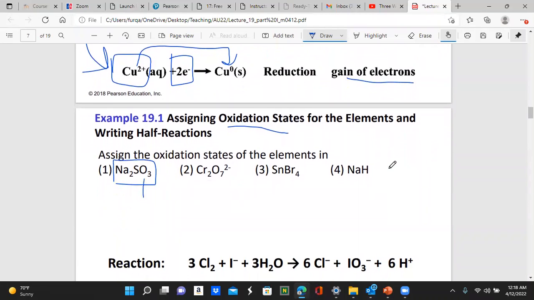How many oxygens do I have here? 3 oxygens. I know each is -2, so -2 times 3 is going to be -6 total oxidation number on the oxygens present in the compound. I know about the sodium. Each sodium ion is going to be 1+. I have 2. So 2 times 1+ means I have 3 pluses here.